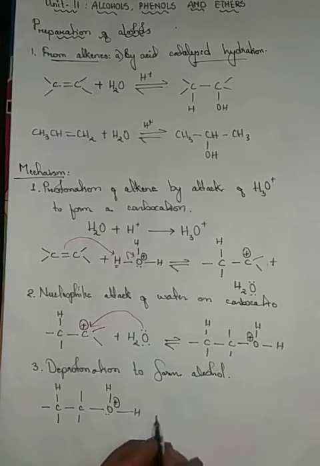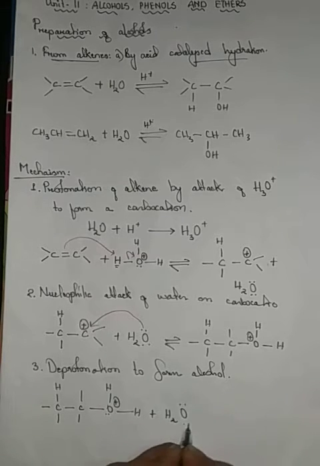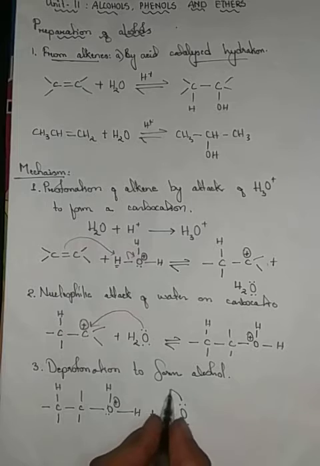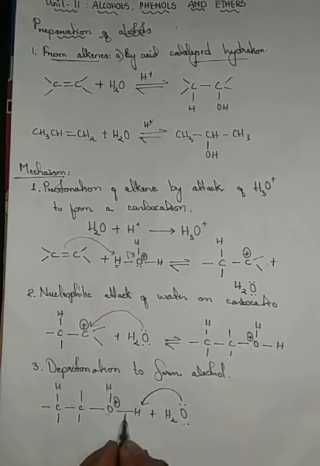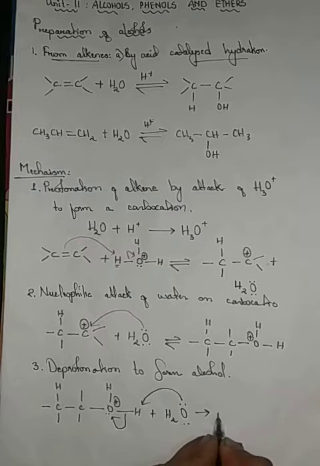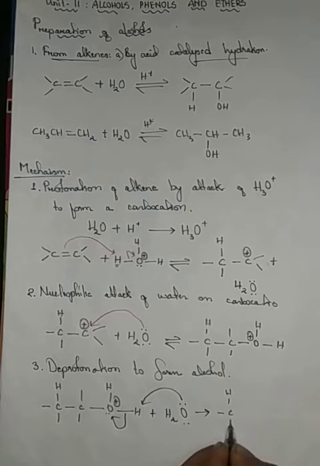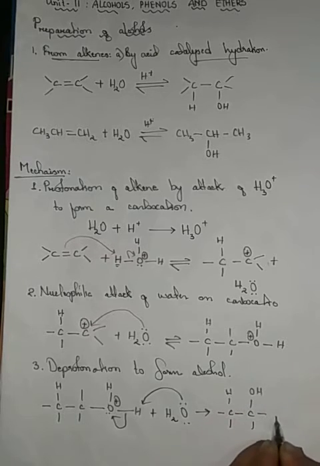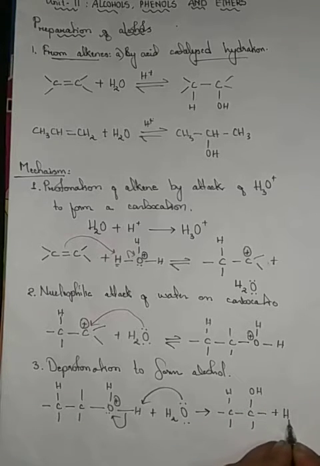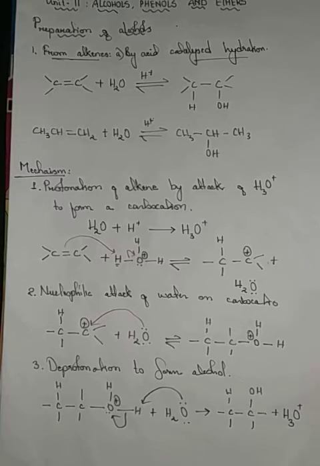There's only one left. Now deprotonation from our H2O molecule. This one comes and takes away the hydrogen atom. The bonding electron shifts to our oxygen atom. Therefore, we will be getting here our alcohol, that is OH, along with the removal of again H3O+ ion.